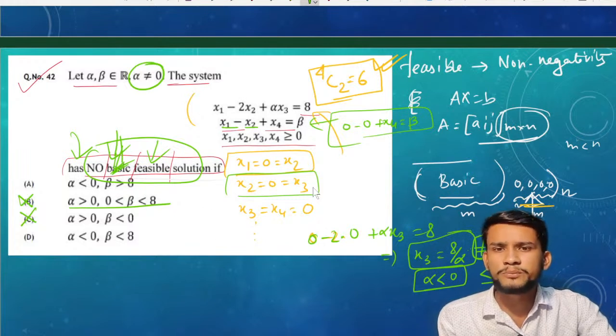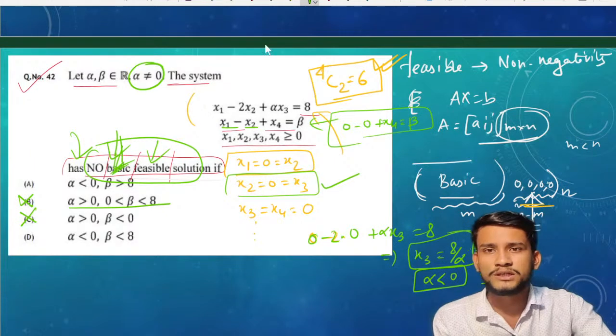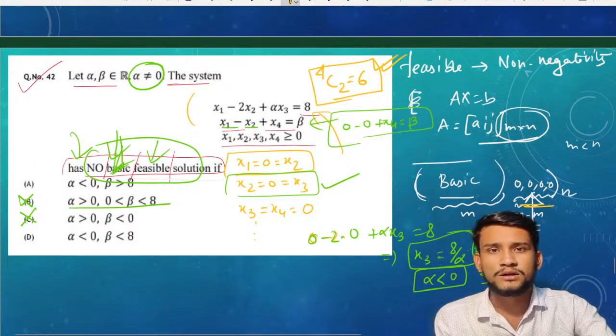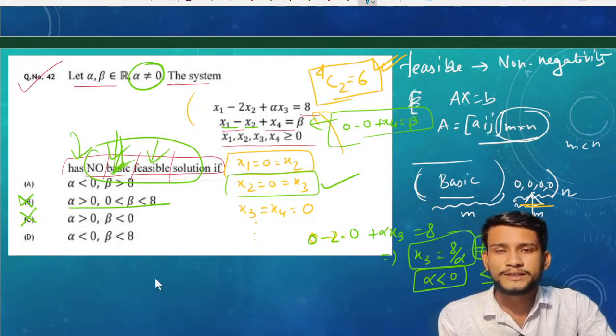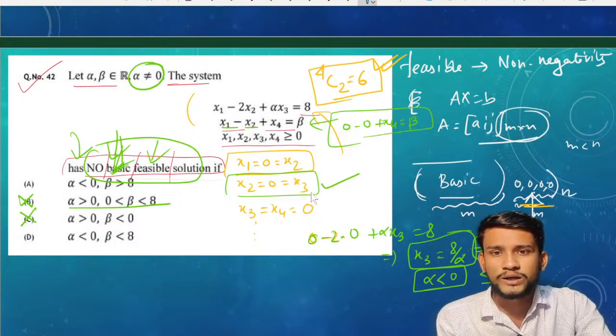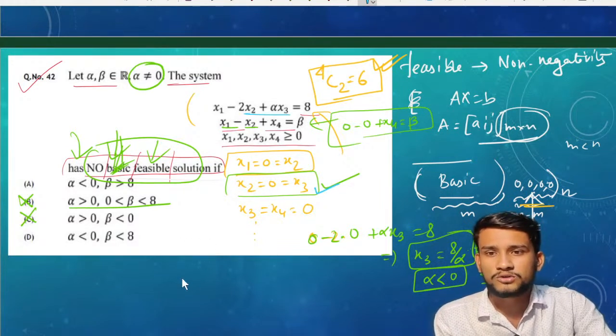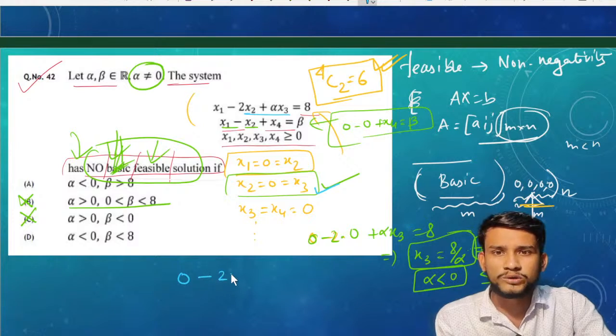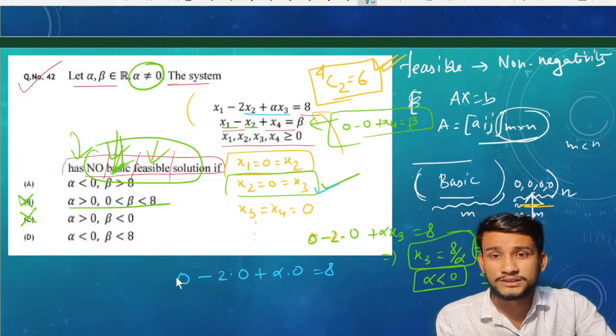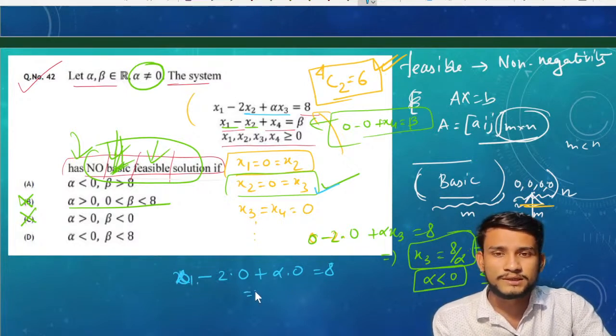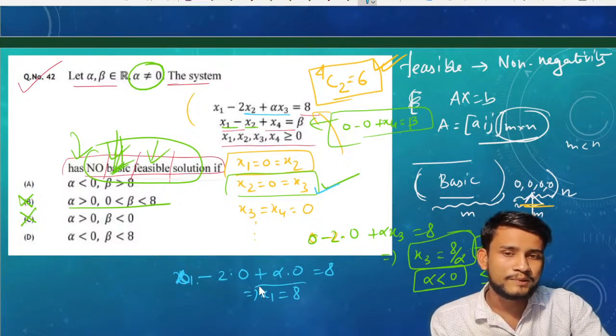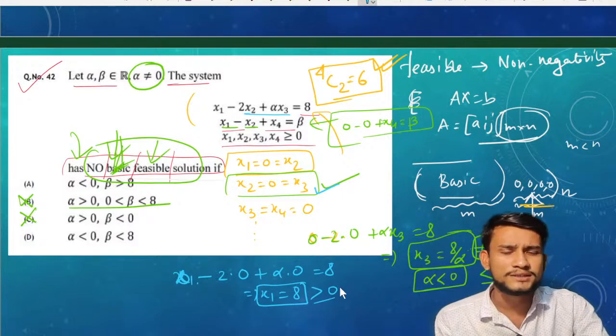If we choose this possibility and put these two values in the given equations, x2 and x3 are 0. So 0 minus 2 into 0 plus alpha into 0 equal to 8. Sorry, this is x1, so this gives x1 equal to 8. This is obviously greater than 0, so we can't conclude anything here.